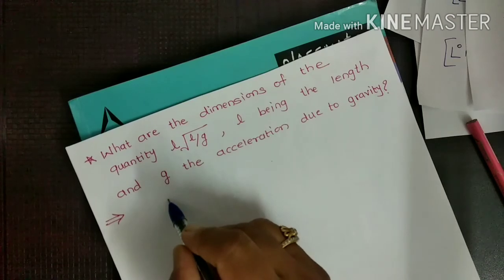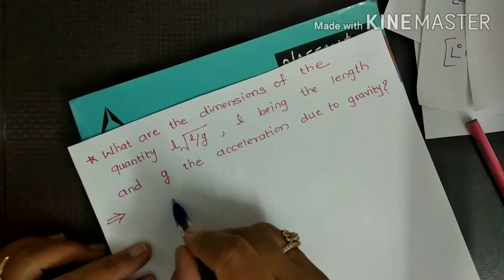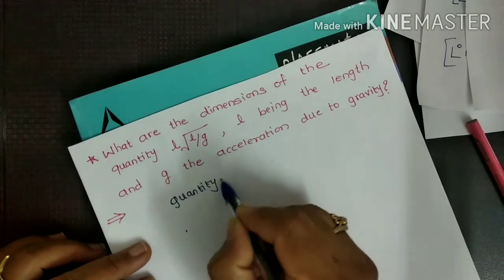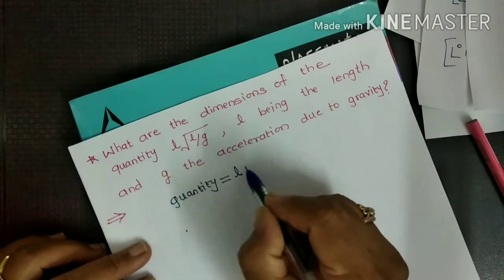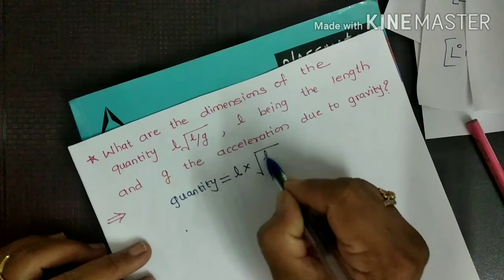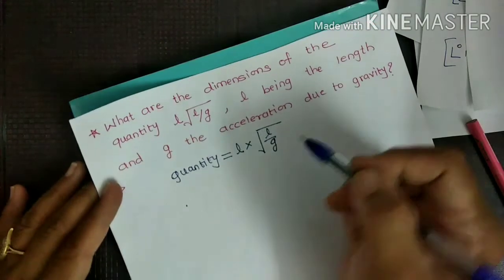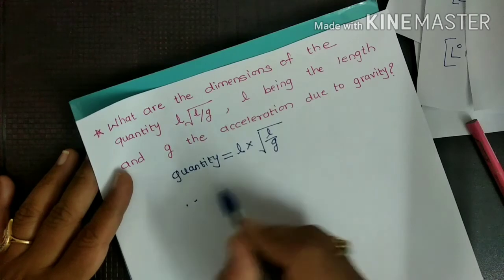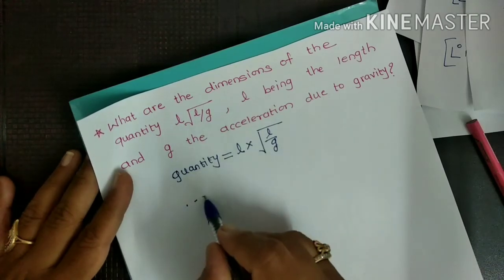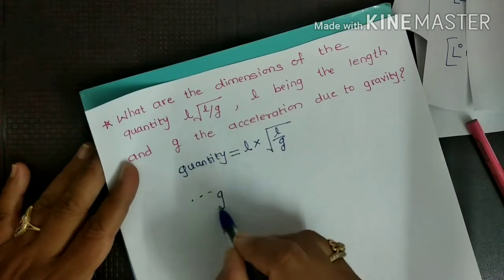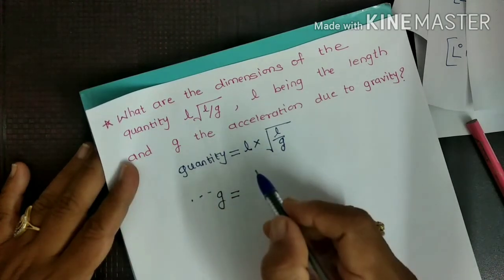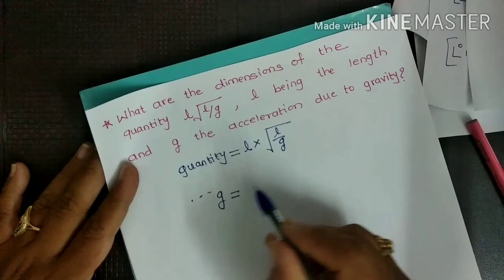The quantity given is L into root of L by G. Here G is the acceleration due to gravity, or gravitational acceleration.